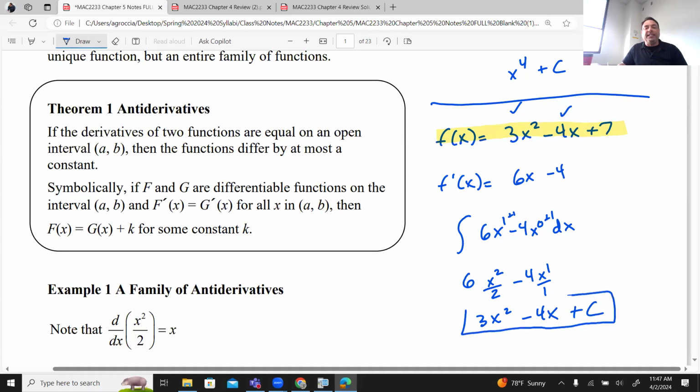That plus c represents the number that could have been there, because the derivative of any number is 0. And we won't know unless we had some more information, or knew the original, or had some given information that I can solve for it. So that's why we have the plus c.